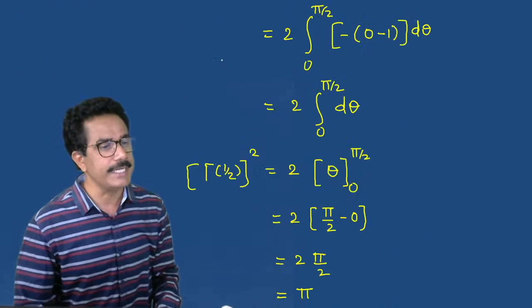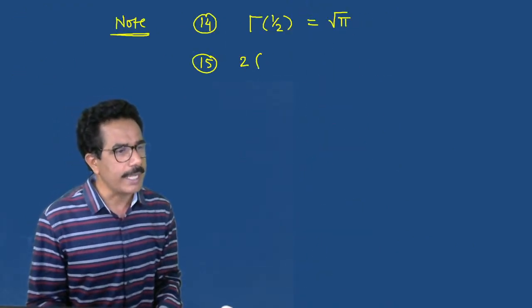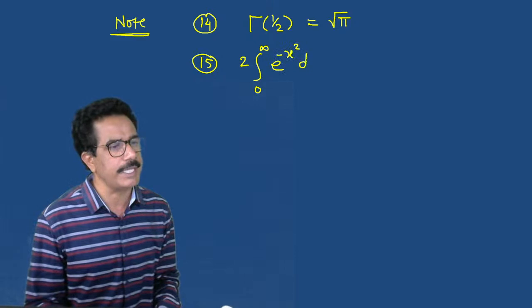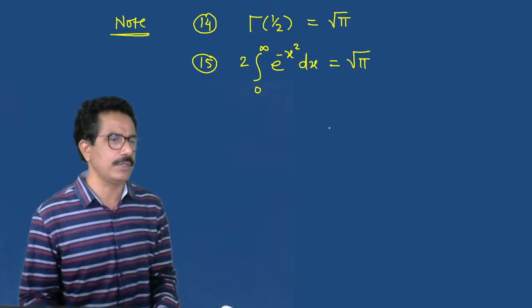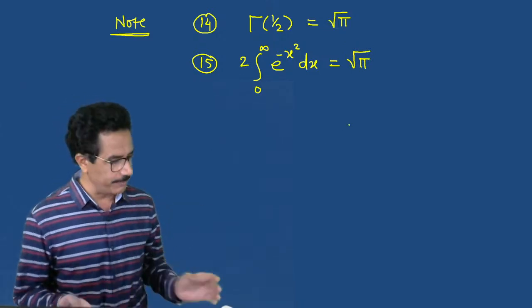So we shall write another important result: 2 times the integral from 0 to infinity e raised to minus x square dx also gives the result root pi. Okay, now we can solve the problems based on this.